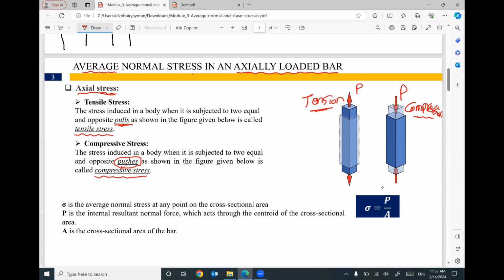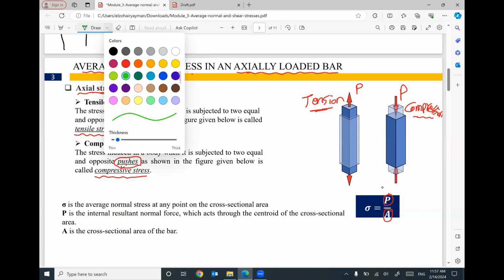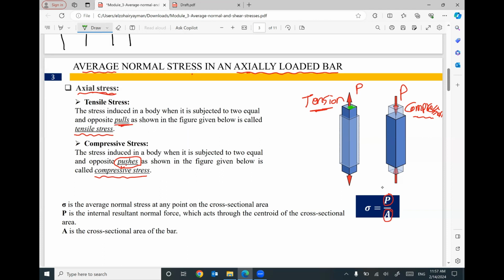If you would like to figure out the value of the axial stress or the normal stress, you have to divide the applied force by the area of the cross-section. Keep in mind, this force is applied to this cross-section. So if you are able to figure out the area of this cross-section, then divide the applied force by this area, you get the average axial stress or the average normal stress, both with the same meaning.